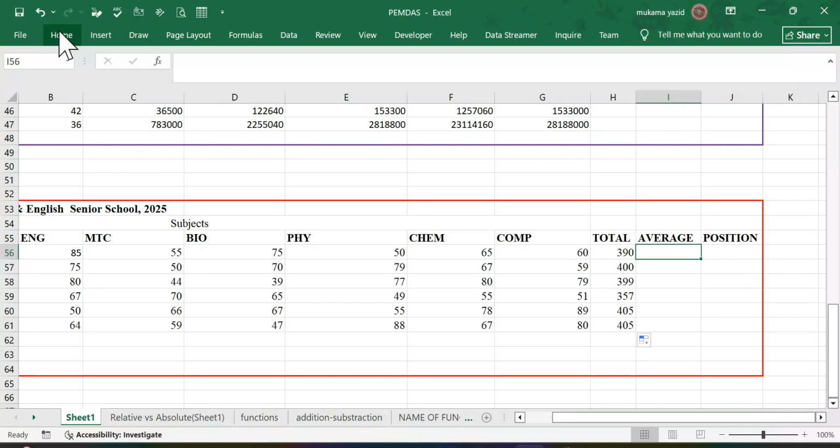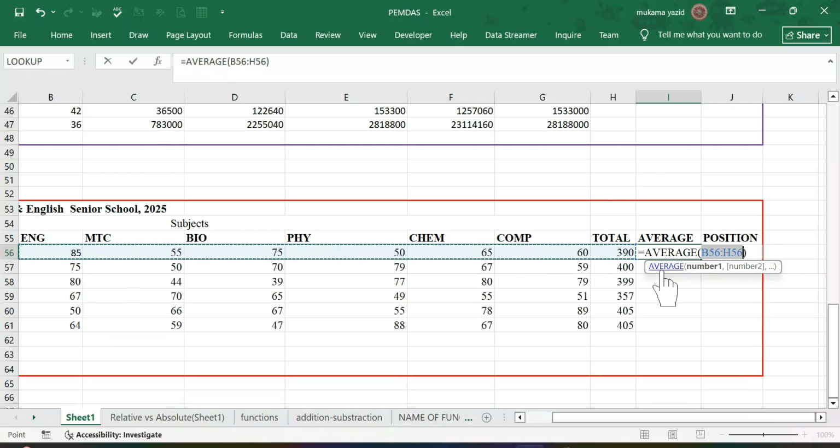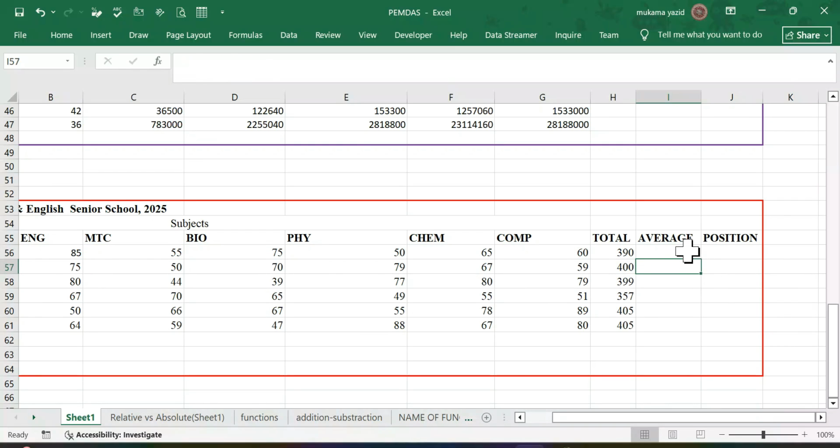Same applies to this. I go to the home tab. I can even access this auto sum through here. I want average here. This is average, but here it is selected including even the total, which I don't want. I want it to stop there, so I press enter. So from there I apply the autofill handle.